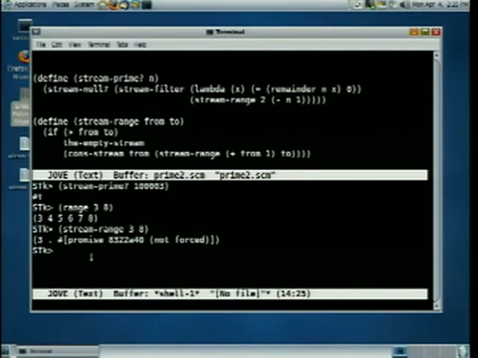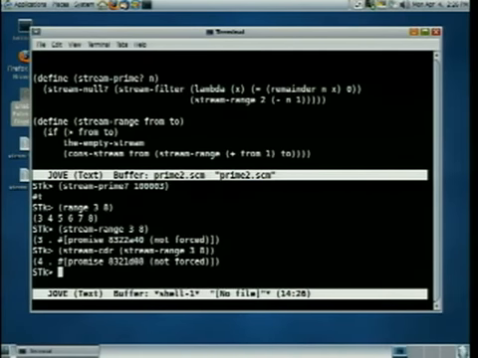Now, does that mean that if I ask for stream-cdr of stream-range 3, 8, I am now going to get the list 4 through 8?